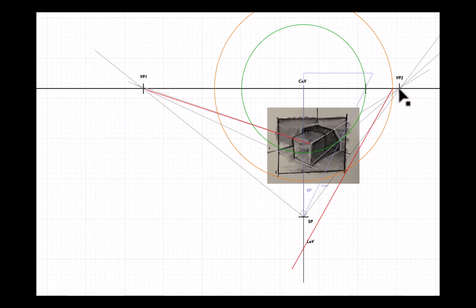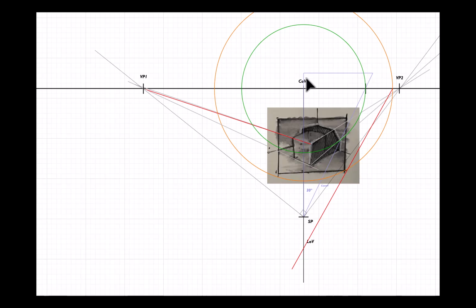Now I might decide I want to keep this angle the same and move this one further out, or keep this one the same and move this one further out, or maybe split the difference and keep the angle the same and move both vanishing points out.